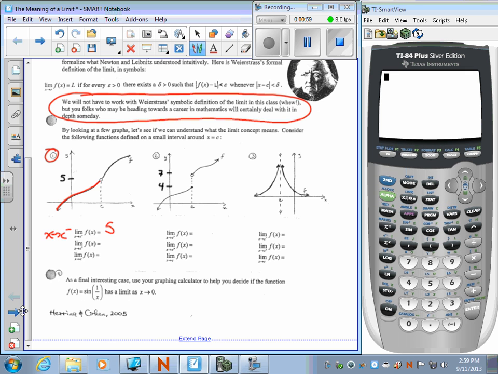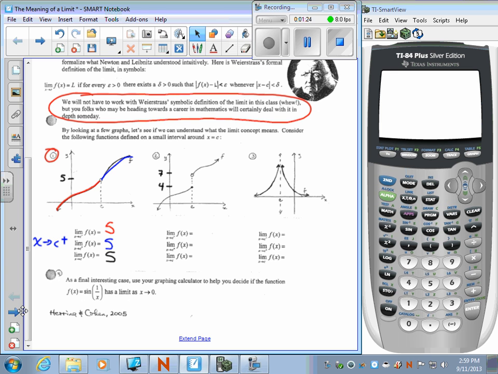Then I'm going to find the limit as x approaches c from the right. So I come down from the right, and the y value I'm approaching is 5. So then the question is, what is the limit as x approaches c? That limit is 5. From the left and from the right, we're approaching the same value.